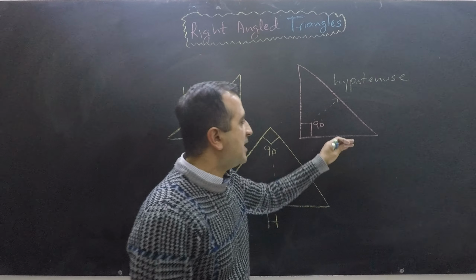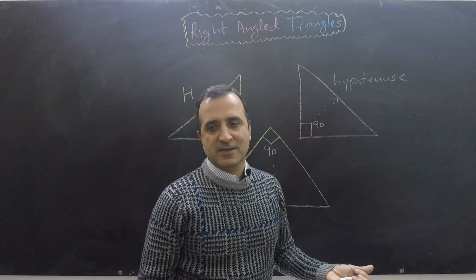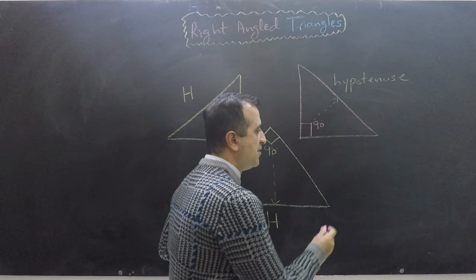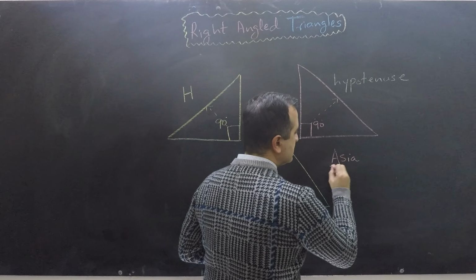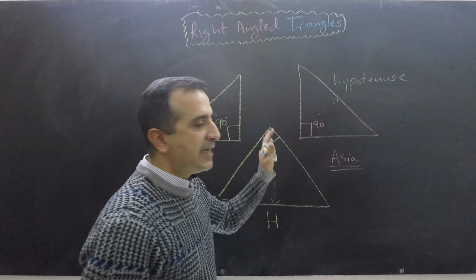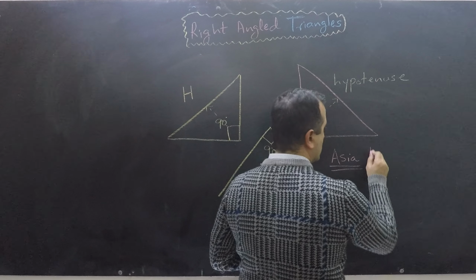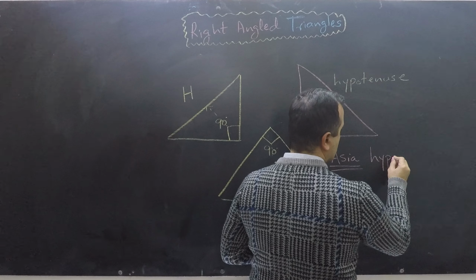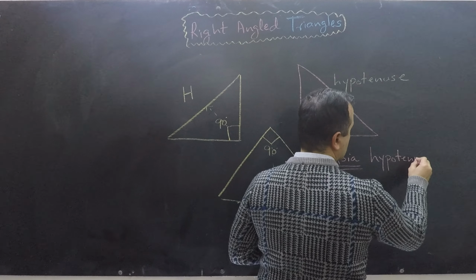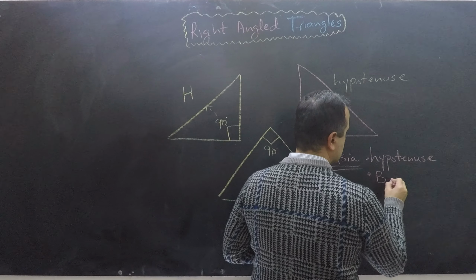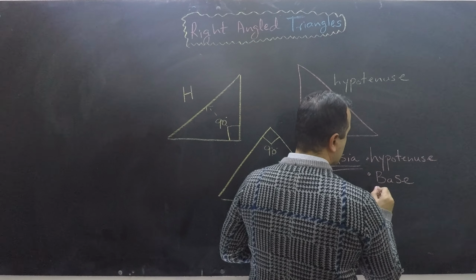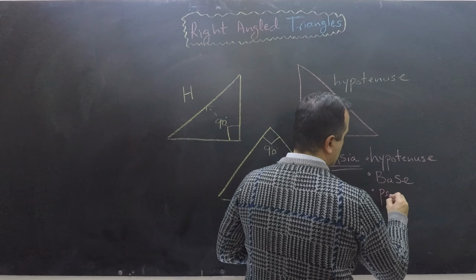Now, the other side names are disputed. So, if you are living in Asia, then the three sides of a right angle triangle are hypotenuse, second one is base, and third one is perpendicular.